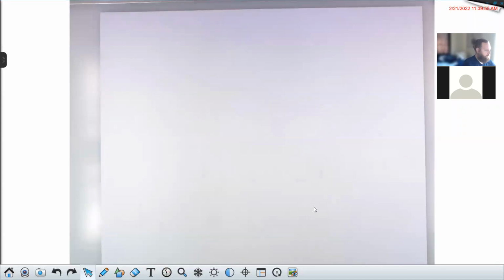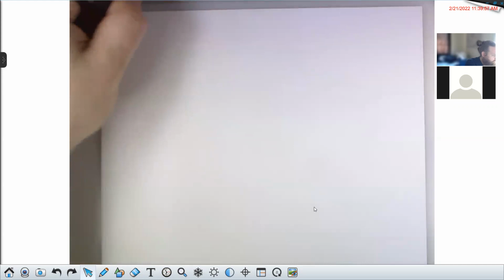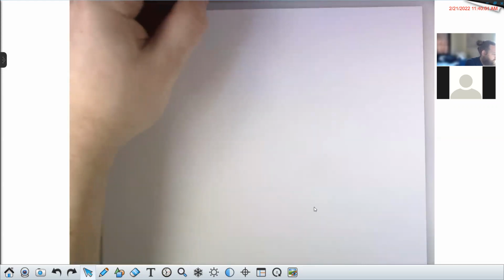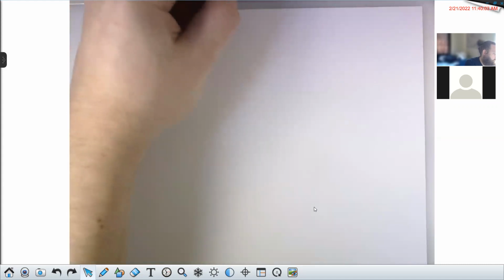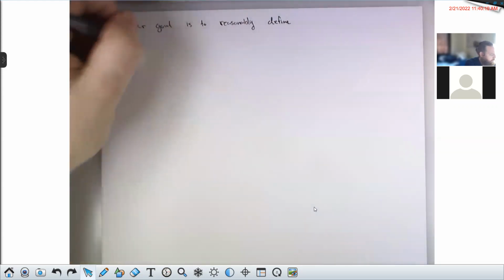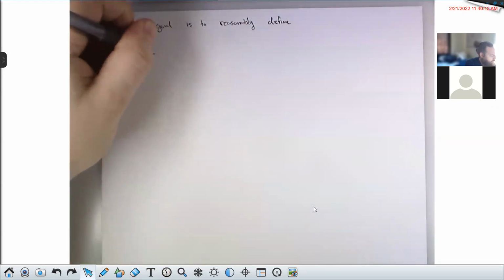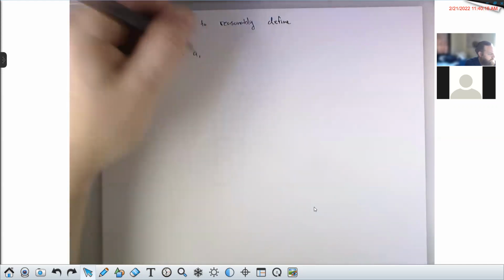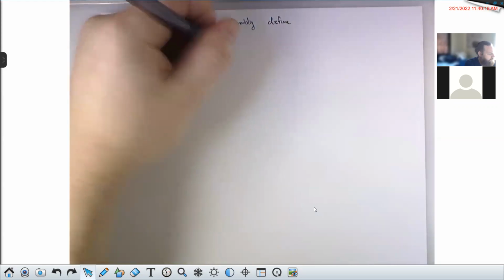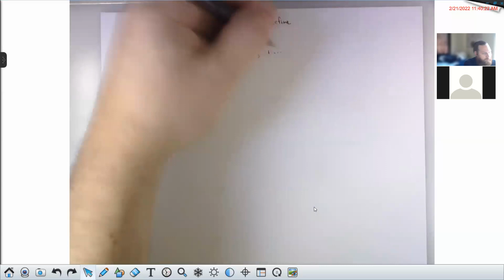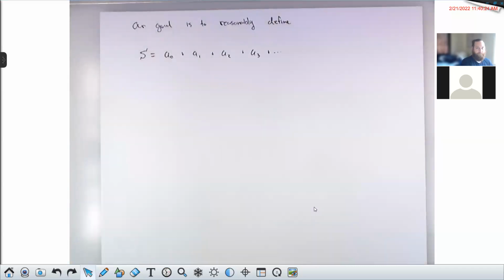Again, our goal is to reasonably define the object we called S, which was A0 plus A1 plus A2 plus A3, on and on and on forever.